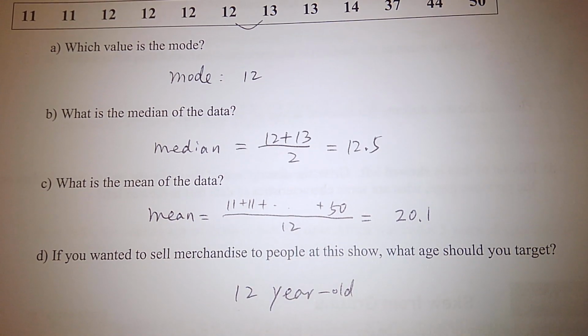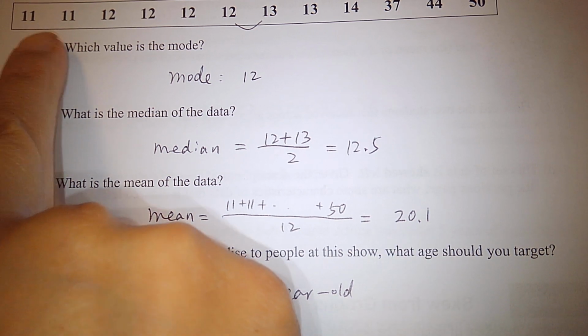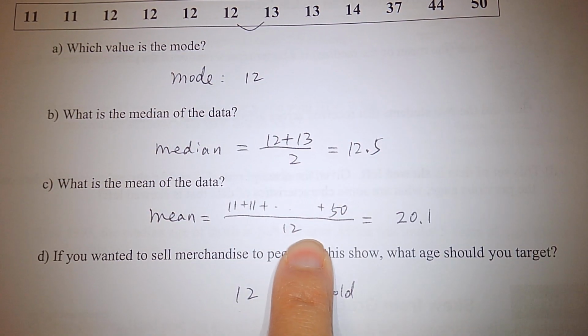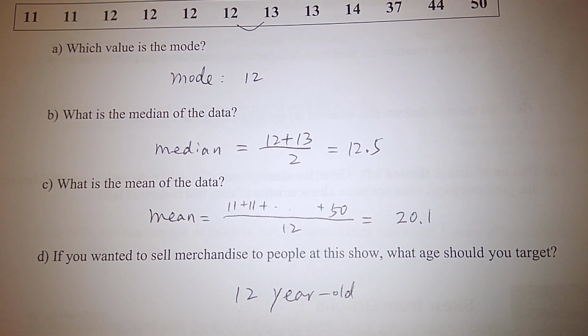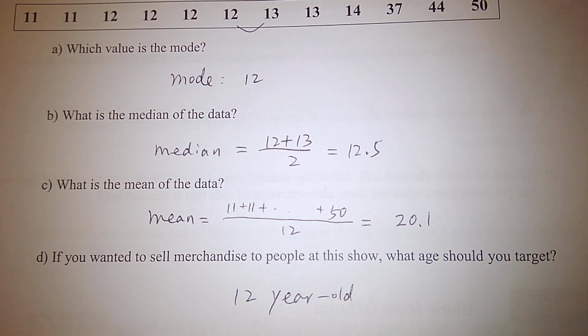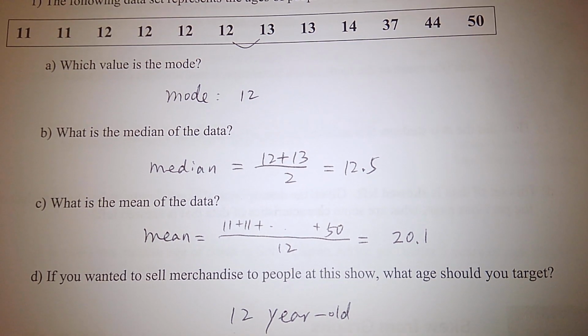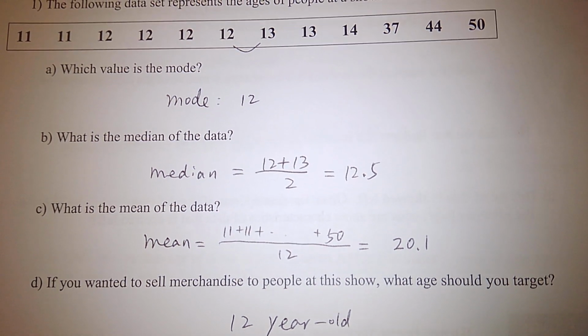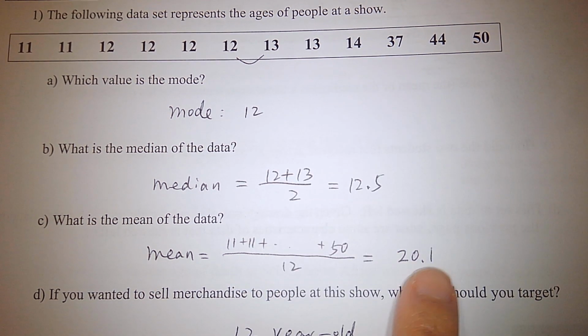So for that one, you just take the average number, like 12? This number comes from adding up everybody divided by 12; that's the mean. But I meant for D. I picked 12 because it was the most common. Yes, that's the mode. If you want to sell tickets or merchandise, do you want to target 37 years old or over 20?